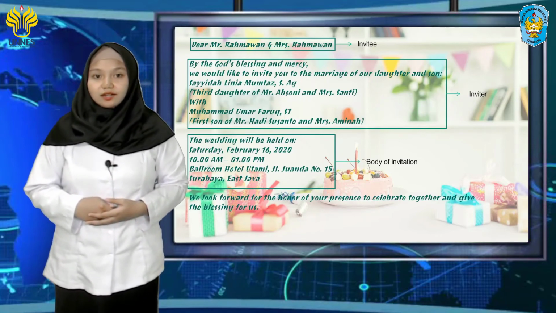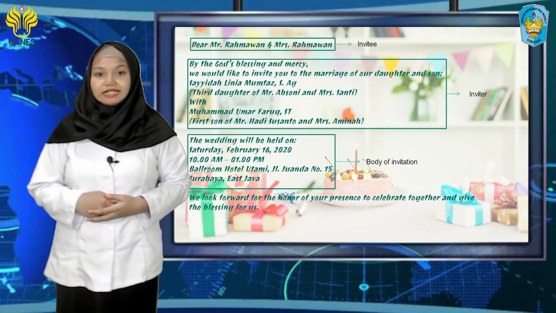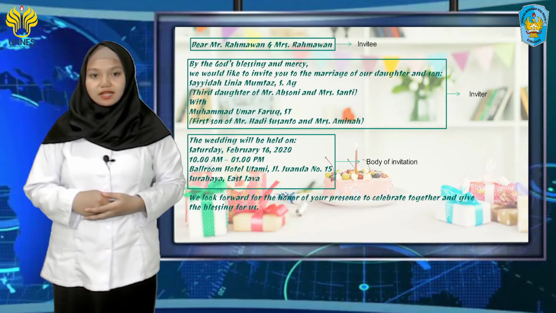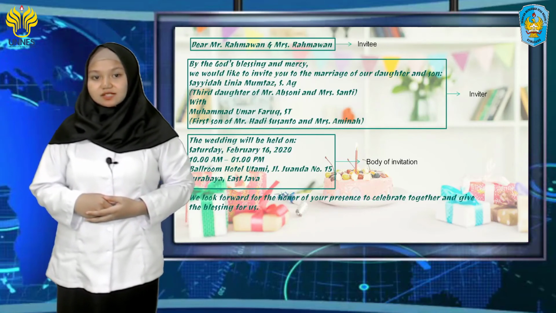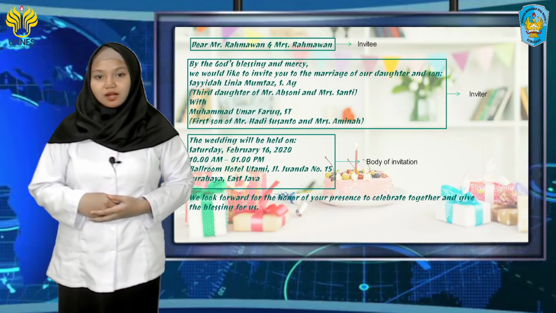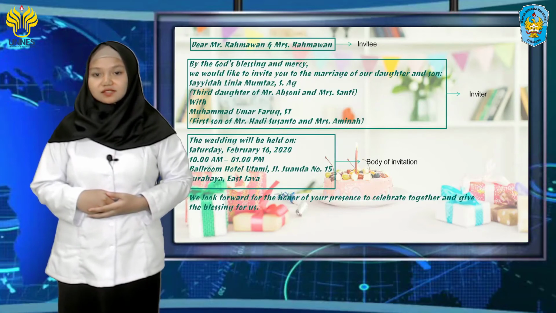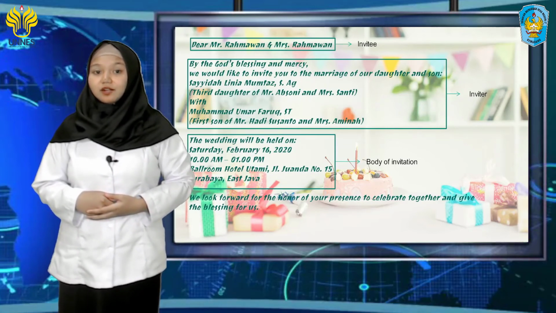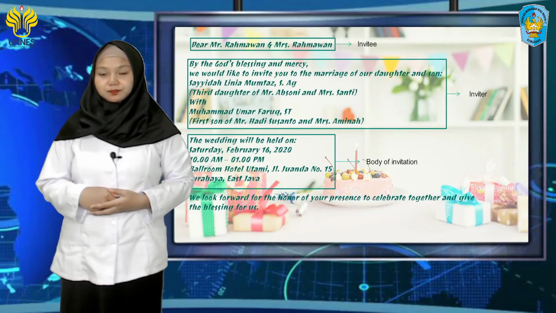And then the inviter. The inviter is Sayyidah Liana Mumfaz, yeah, the third daughter of Mr. Absoni and Mrs. Santi with Muhammad Umar Farooq, first son of Mr. Hadi Susanto and Mrs. Aminah. So this is the marriage, yeah, of Sayyidah and Muhammad Umar.